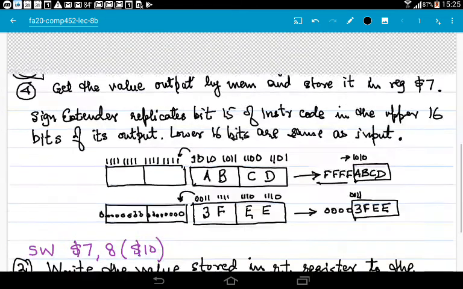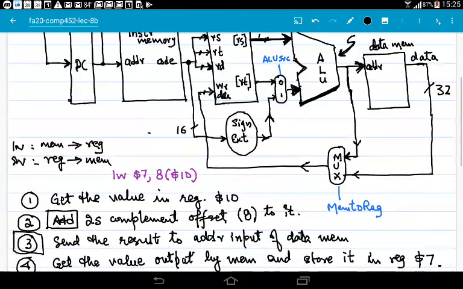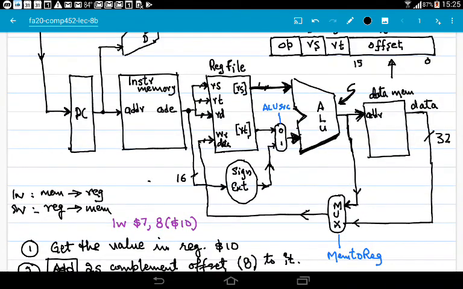Okay, so let's come back up here. Basically this time what we want to do is get this value and write it into the data memory, the value stored in RT register.